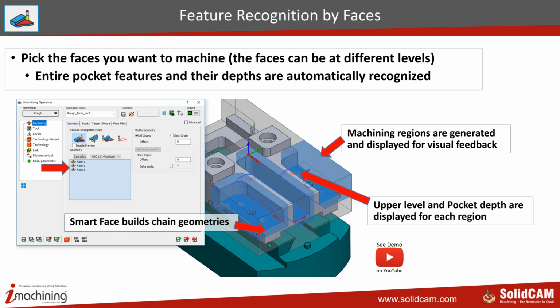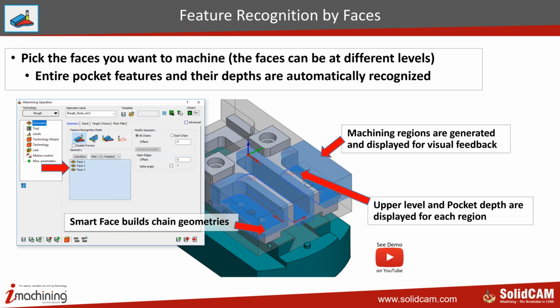The moment you pick the face, iMachining will pick the boundary automatically. It also highlights the machining region and it will be displayed in a different color. It also displays the upper level and lower level automatically. As a user, you are very clear, you know the regions where exactly it is going to generate the toolpath.